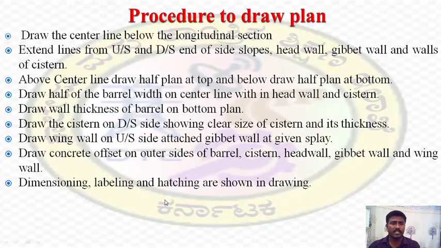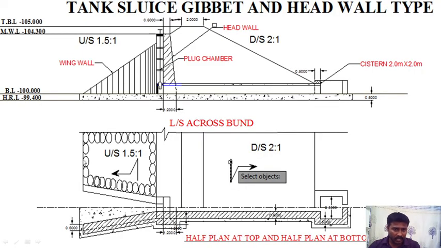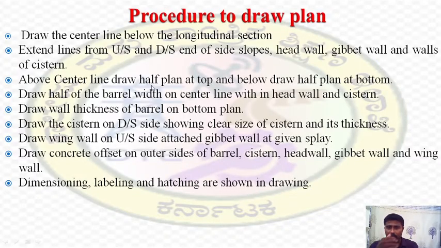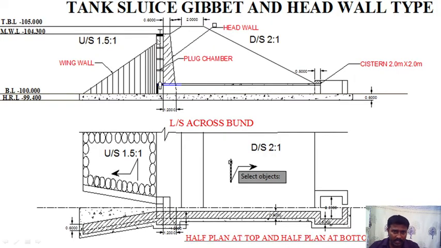This is the first point. Extend the lines from upstream and downstream. Here you have to extend or project the lines from the upstream side slope and downstream side slope. Also extend the head wall and gibbet wall lines and the walls of the cistern. This is the second step.